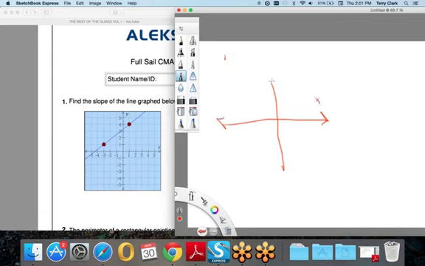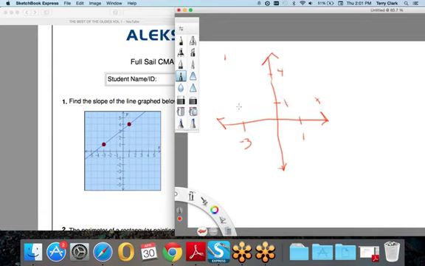I'm going to take the points straight from the graph. So I've got 4 here, I got 1 here, I got -3 over here, and I got a 1 here.